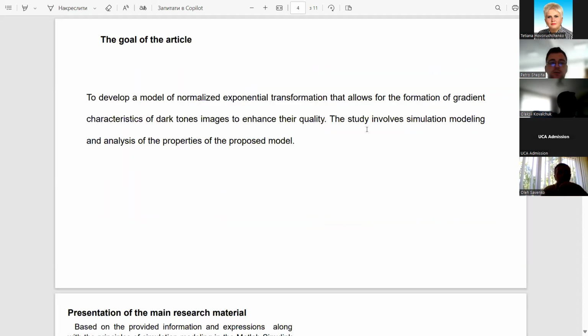In this research, we develop a model of normalized exponential transformation that allows for the formation of the gradation characteristic of dark-toned images to enhance their quality. The study involves simulation modeling and analysis of the properties of the proposed model.